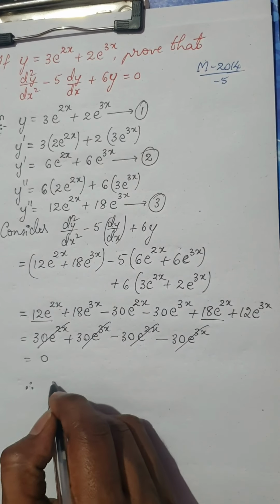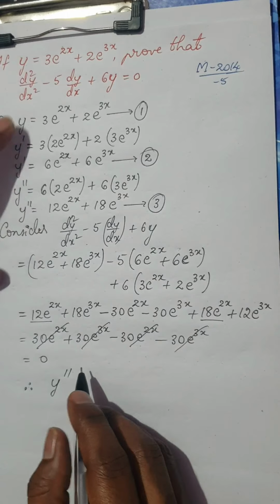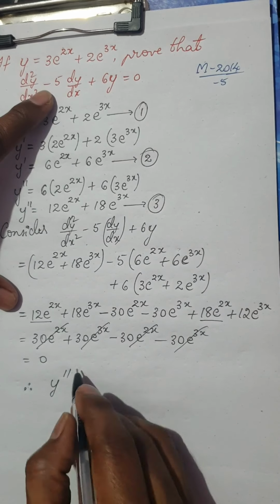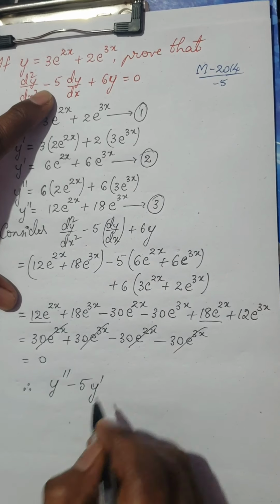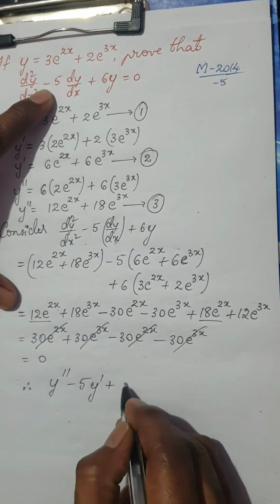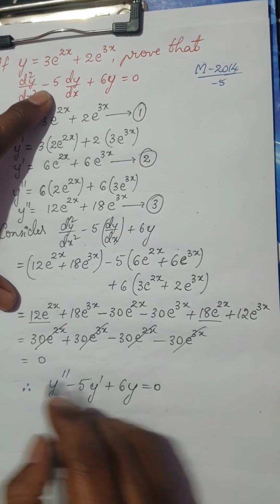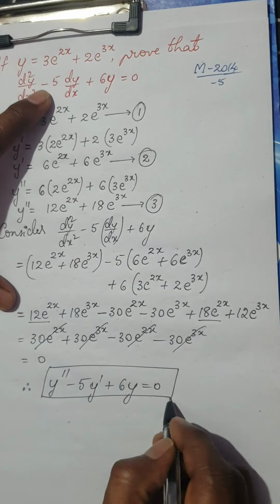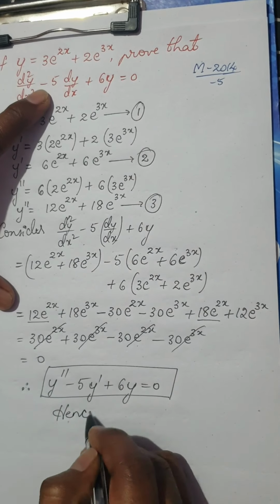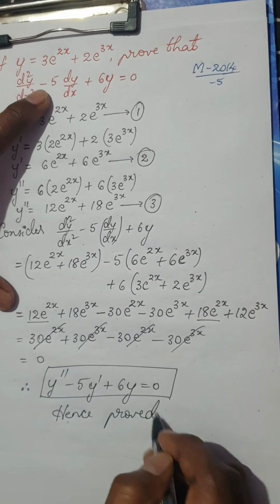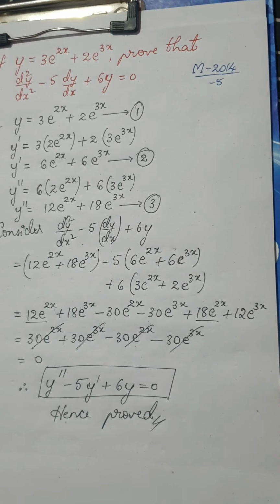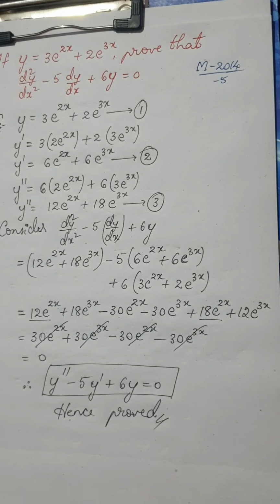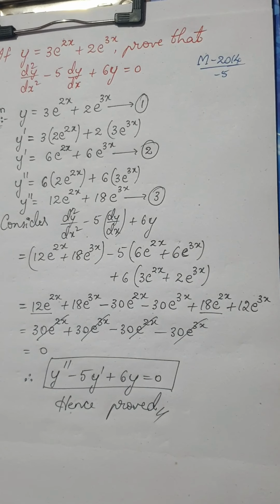Therefore, as I told you, you can write it as second derivative minus 5 times first derivative plus 6 times y is equal to 0. So, we are going to say hence proved. This procedure will give you 5 marks if they have asked you in the examination. Is it clear? Hope you have understood this procedure. Only thing is, if you practice well, you can easily claim 5 marks.